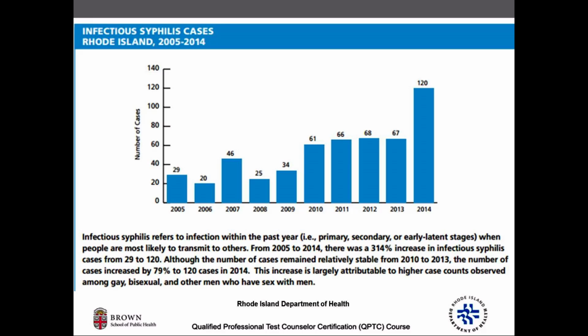Here's a graph of the trends of what we have seen in syphilis in Rhode Island. You can see in 2006, this was the lowest number of syphilis cases ever reported. We were down to 20, but you can see in the 8 years since then that we have jumped up to 120.